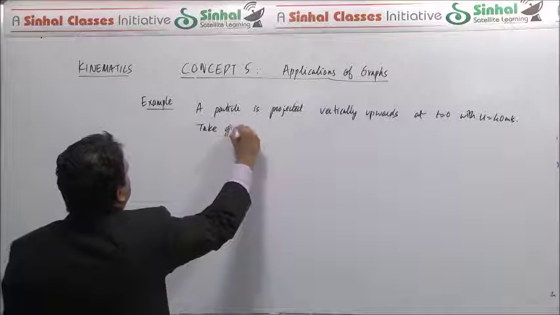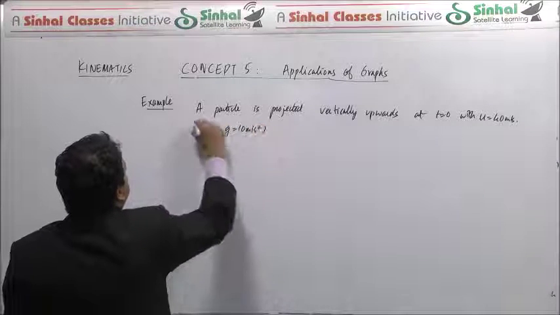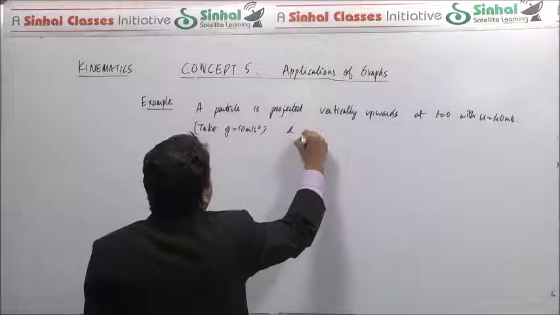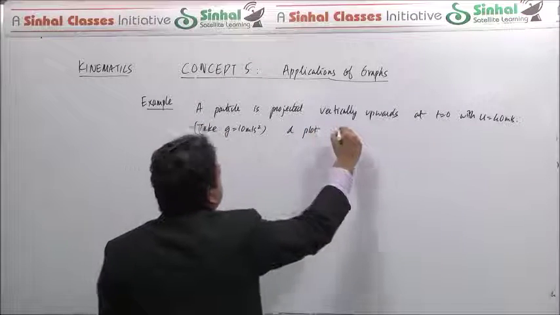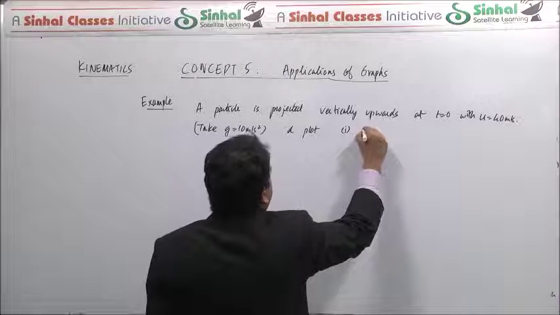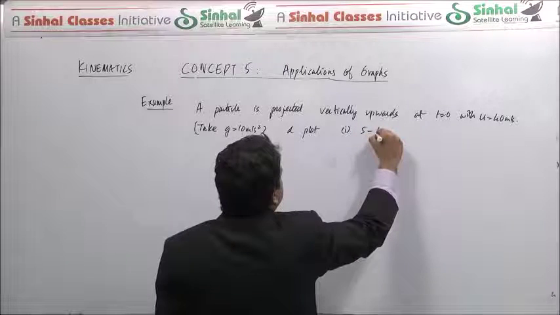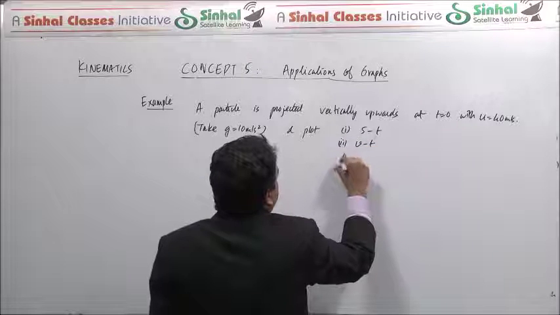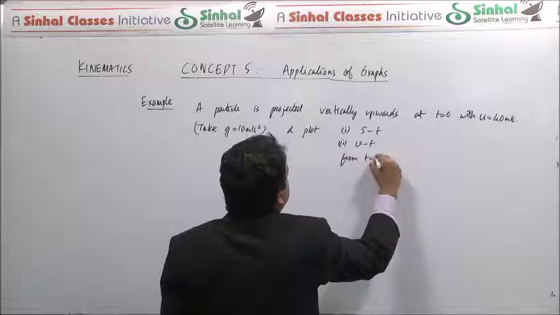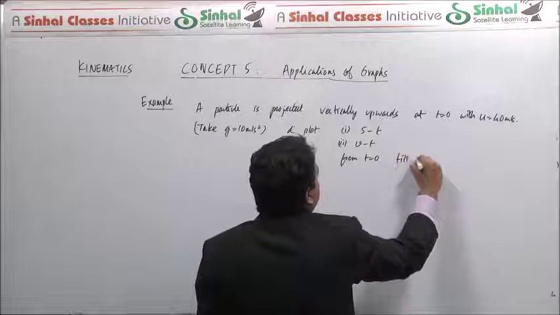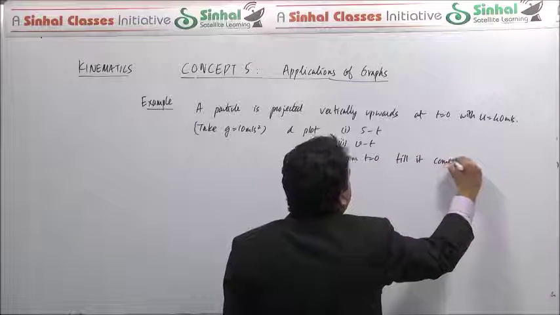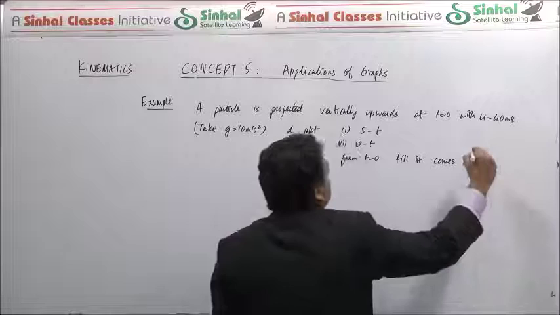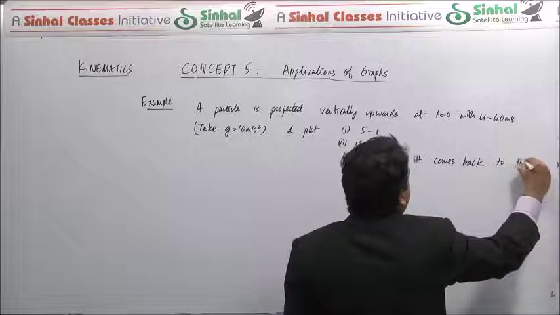Take g equal to 10 meters per second square and plot the displacement versus time and the velocity versus time from t equal to 0 till it comes back to the point of projection.